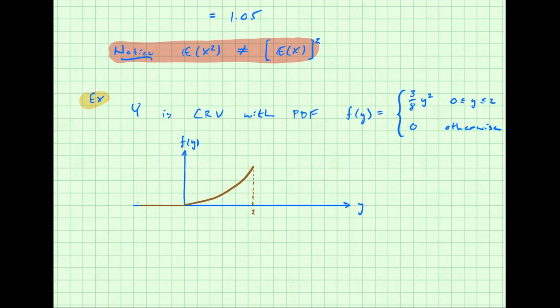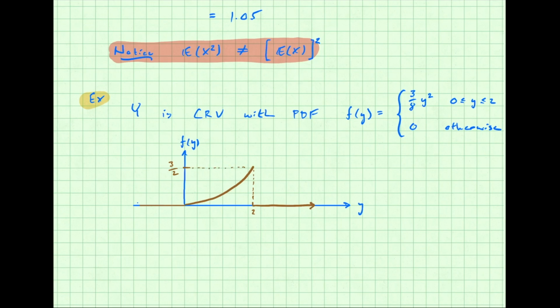So this is 2 here, and then it's 0 everywhere else after that. What is the height here? This height is 3/8 times 4, so that's 3/2. I might not have gotten the curve exactly right, but that's how it should look.